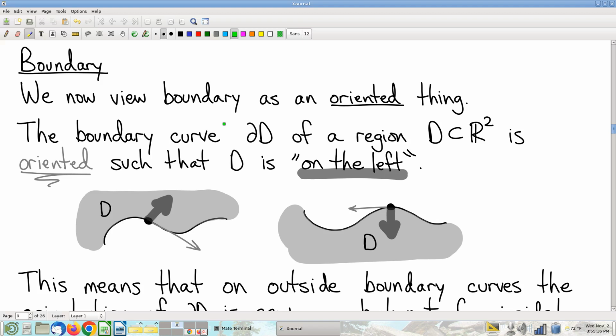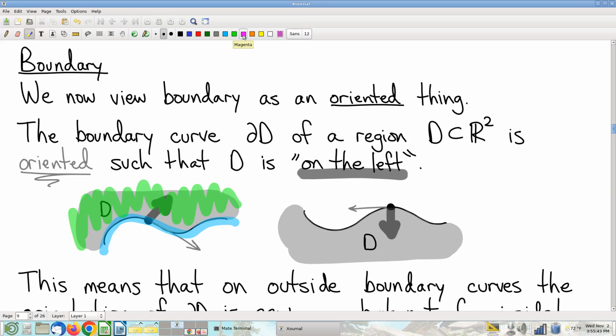This is an arbitrary choice, but it's very standard. And as such, it's not really optional. We have to do things the same way that everybody else does. And here's the rule, arbitrary though it is. The rule is, if you are looking at the boundary curve, so for example on the left here, this is part of the boundary of my solid region there.